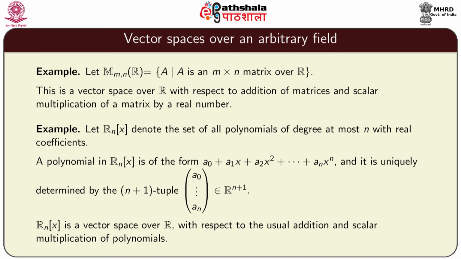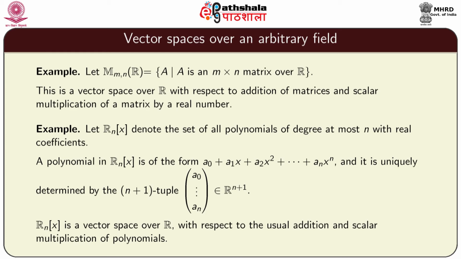Here again, in order to call it a vector space over the field of real numbers, we surely need two operations. One is addition and another is scalar multiplication.